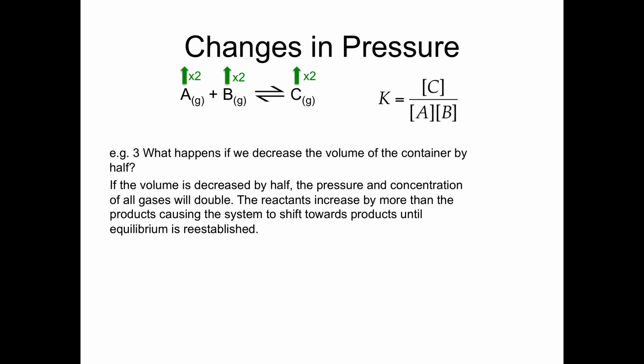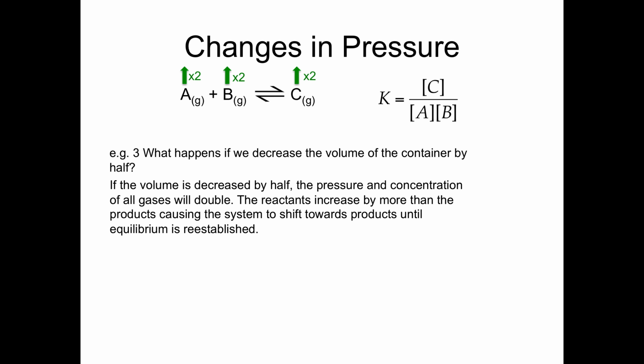And what this will result in is increasing both the forward and the reverse rate. We're increasing the concentration of A and B, which increases the forward rate, but we're also increasing the concentration of C, which increases the reverse rate. The difference is that since we've doubled everything, we're doubling A and B. So the forward reaction is being doubled twice, so times 4.